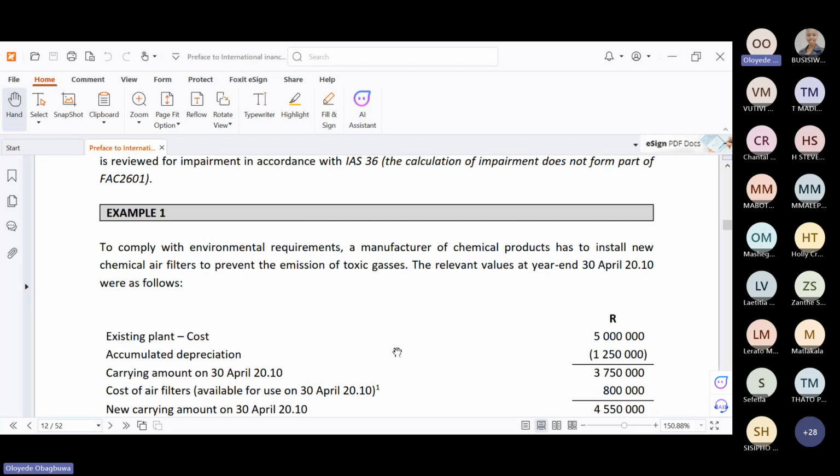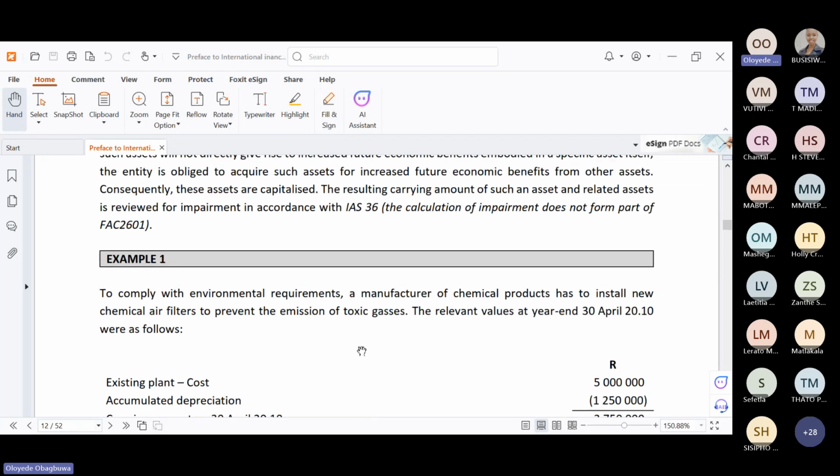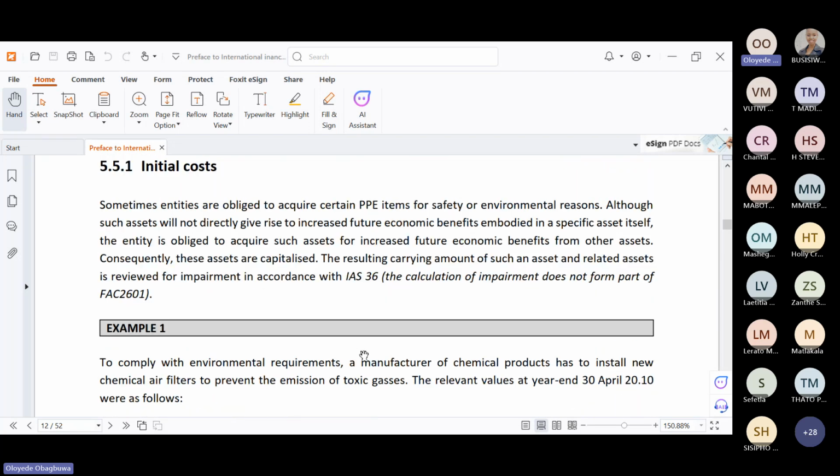It can be just in form of repair and maintenance. So now, how do you determine which one to capitalize and which one not to capitalize? That is what this is proving to us: the asset must increase the future economic benefit of that particular asset.